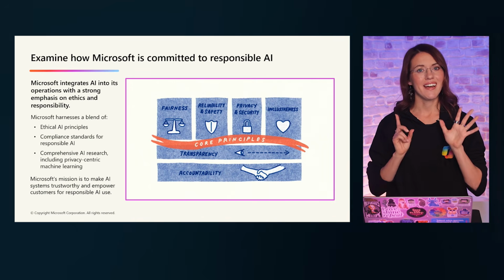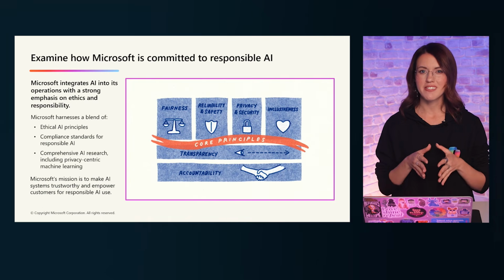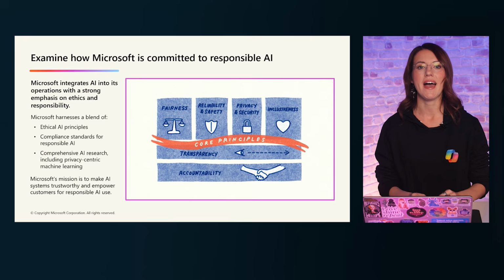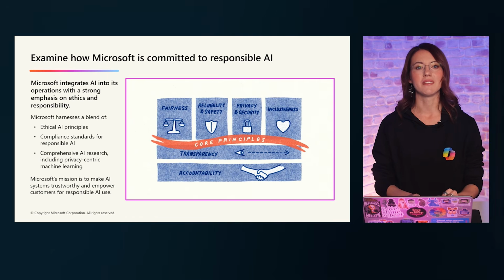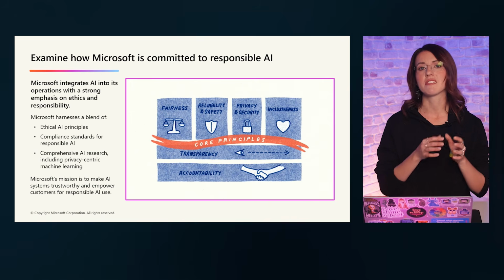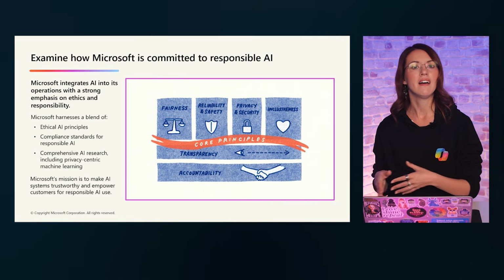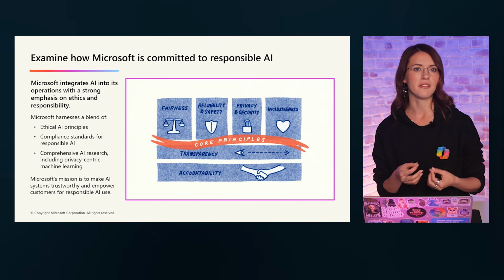And finally, accountability. Organizations and developers are responsible for how AI impacts people and businesses. AI doesn't replace responsibility, it reinforces it. Microsoft embedded these principles through its responsible AI standard and close collaboration with experts across the company.